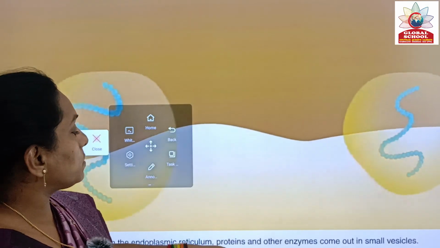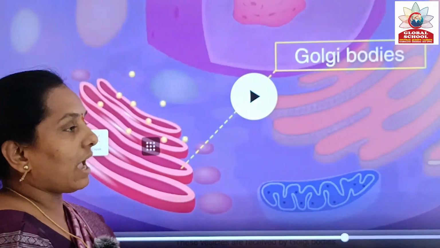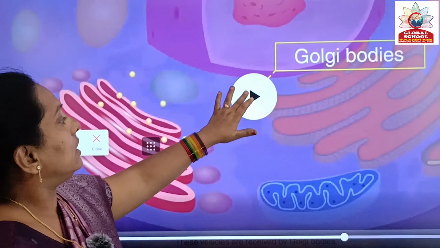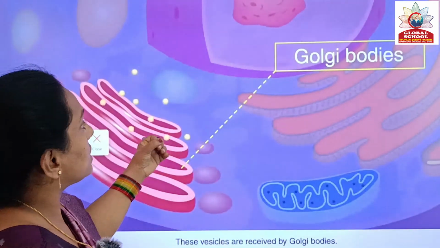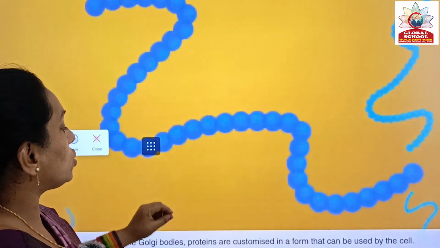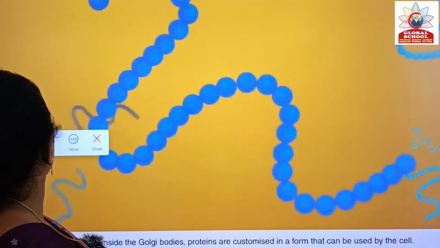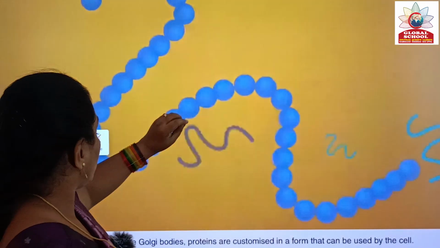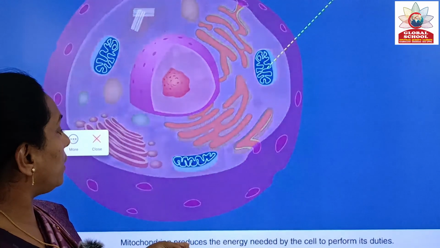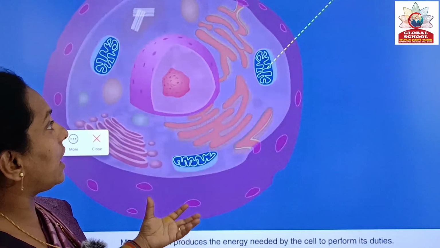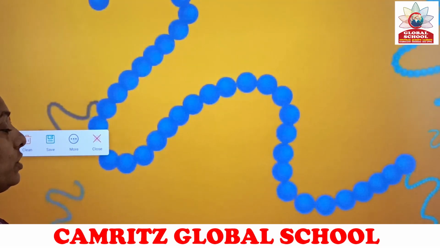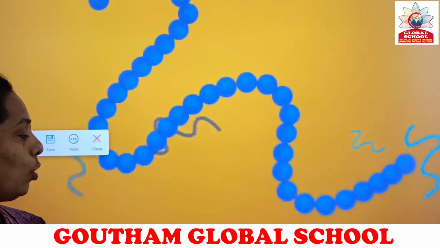Now, from the endoplasmic reticulum, proteins and other enzymes come out and reach the Golgi apparatus.